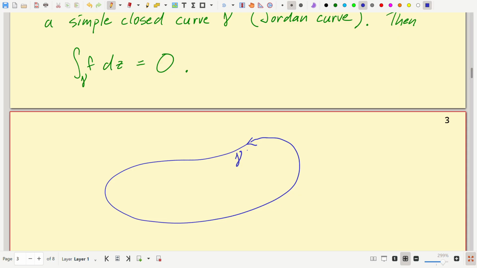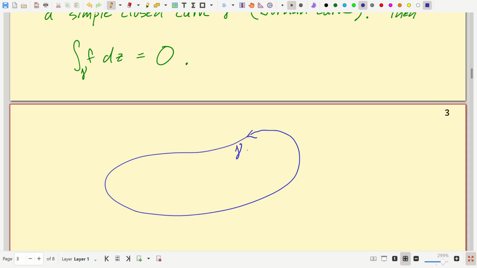By inside and on, I mean f is analytic in a neighborhood, an open set containing that simple closed curve. And not only that, it's analytic all the way through to the inside. It's rather a subtle question how you know a Jordan curve has an inside. That was the Jordan curve theorem: a simple closed curve splits the plane into two pieces, an inside and the outside.